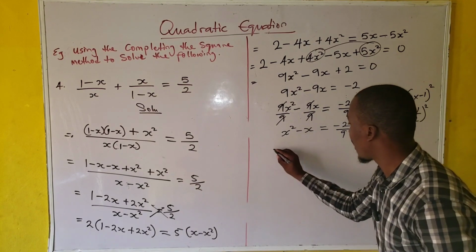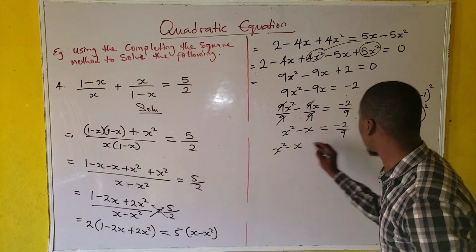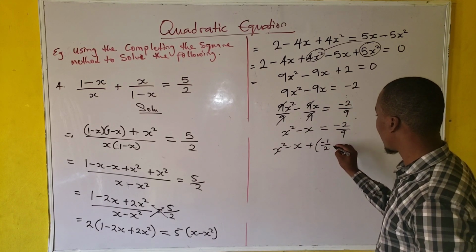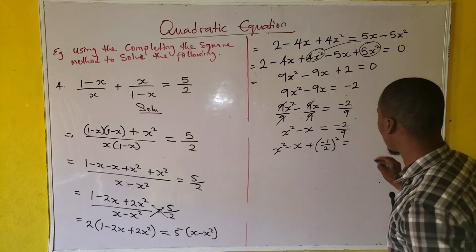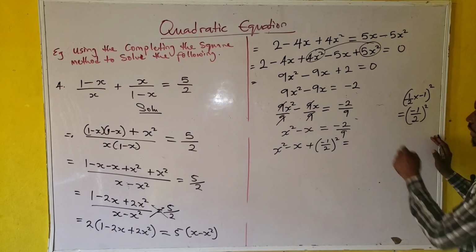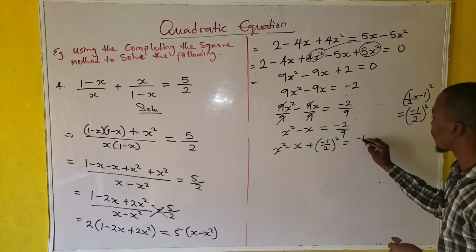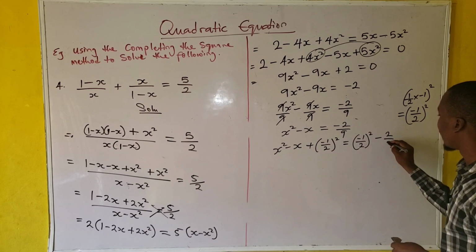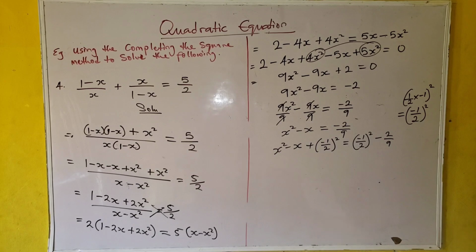Okay, so I have s squared minus s, add this, plus minus 1 over 2 all squared, equals to, add it on the right hand side, minus 1 over 2 all squared minus 2 over 9. So factorize the left hand side, simplify the right hand side. Let's factorize this like we have been doing.